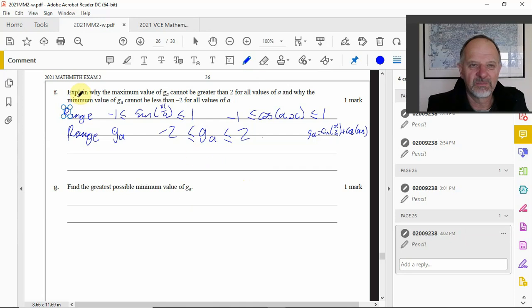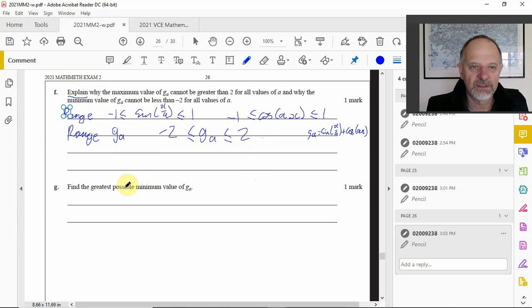So explain why. I guess that's what you need to write down there in some form or another. I didn't find the examiner's report myself overly helpful with what you actually need to write to explain, but I've explained that in words.